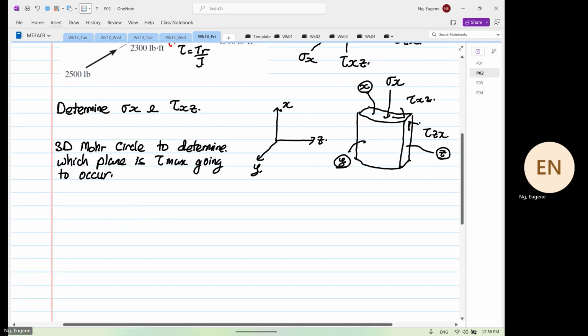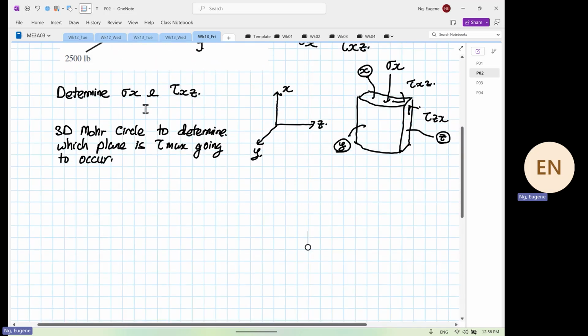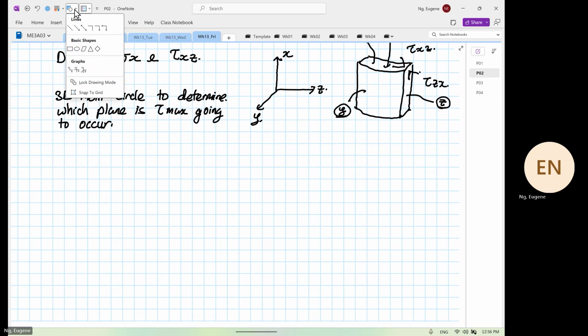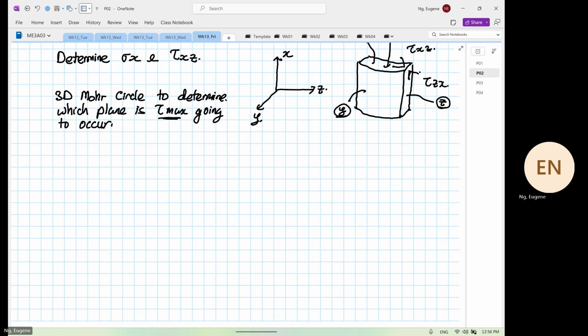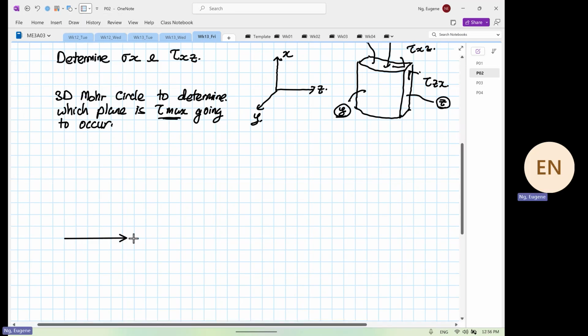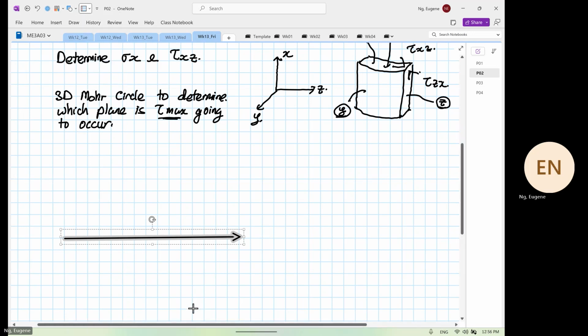Okay. So from here, we can sketch our 3D Mohr circle. It's just a sketch. So we are going to determine on which plane our tau max occurs. Now we sketch our Mohr circle.